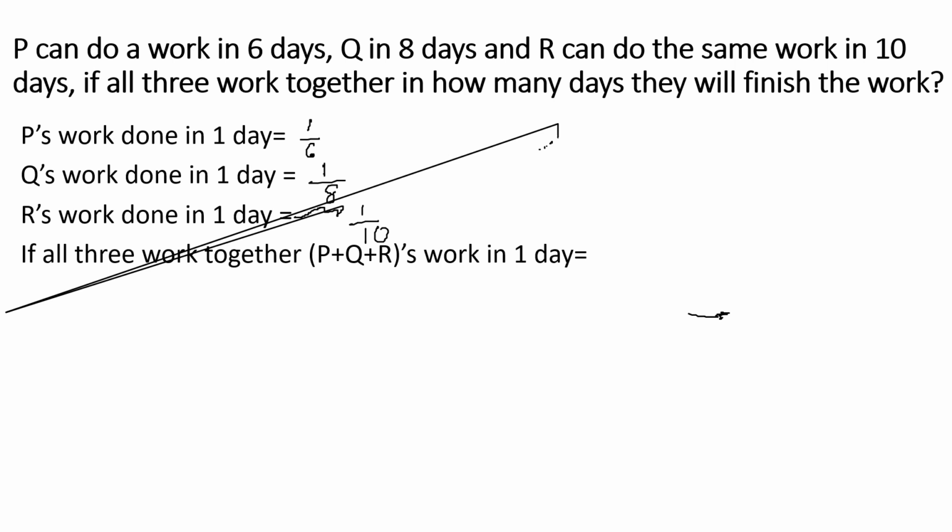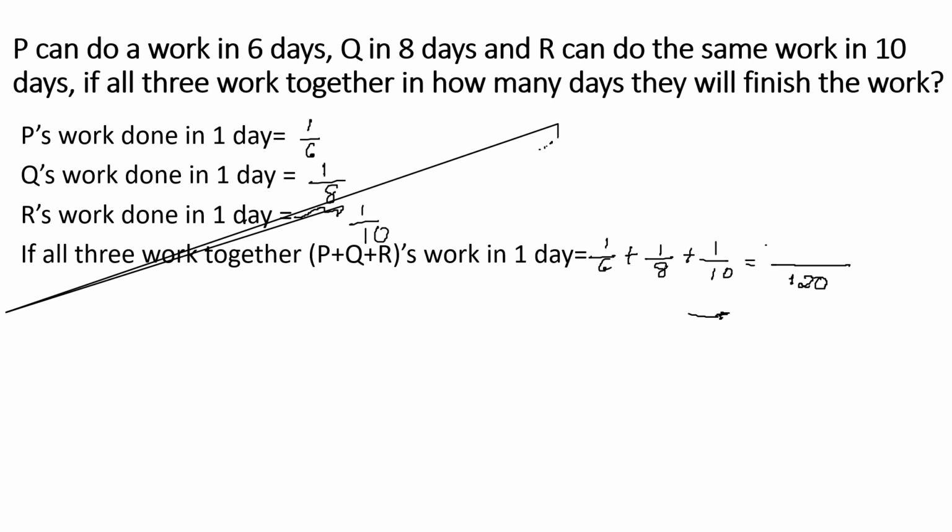So if all three work together, P plus Q plus R's work done in 1 day will be equal to 1 by 6 plus 1 by 8 plus 1 by 10, and the LCM is 120 here.